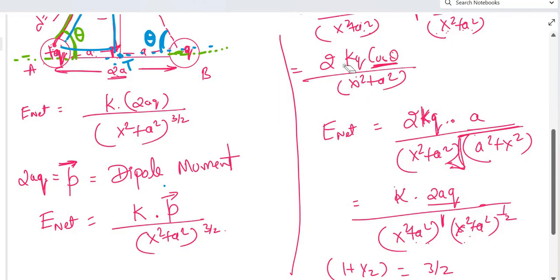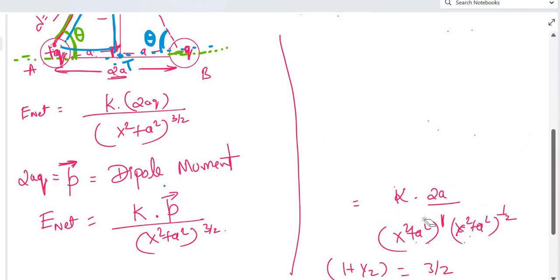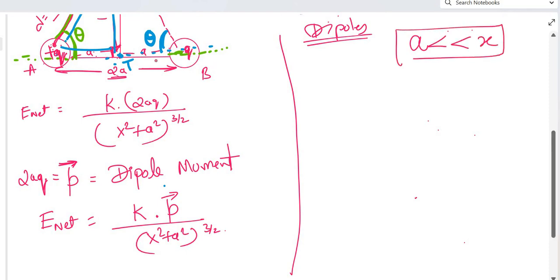What else can we do? Can we simplify it more? We usually need a very compact formula. Can we make it further compact? Yes. The thing is, in dipoles, always remember, usually A is very, very less than X. The distance between the two charges, this 2A, is very, very less than the distance X. So can I ignore A square?